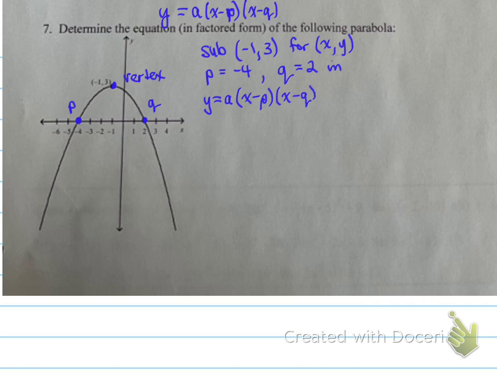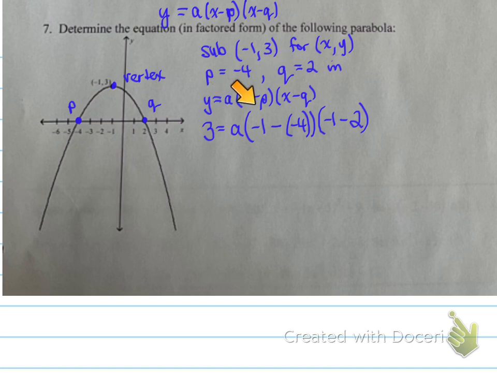So we are plugging the information in. When we plug in the information, we're going to replace y with 3. So 3 equals a, bracket x will be -1, -1 minus -4, close the bracket, times open bracket, x, which is -1, minus q, which is 2, and close the bracket again.